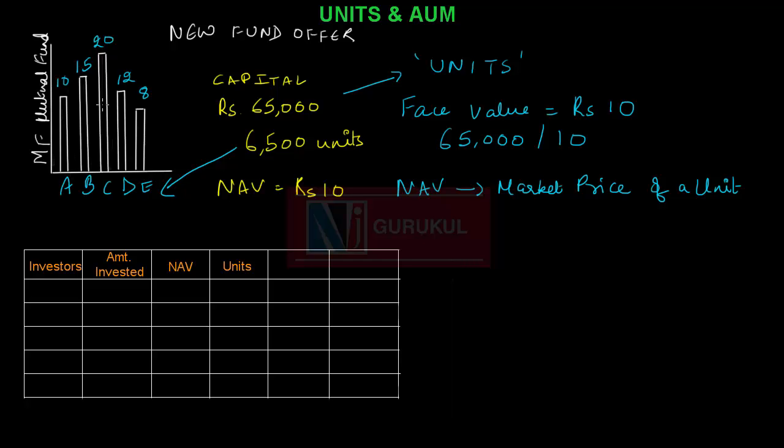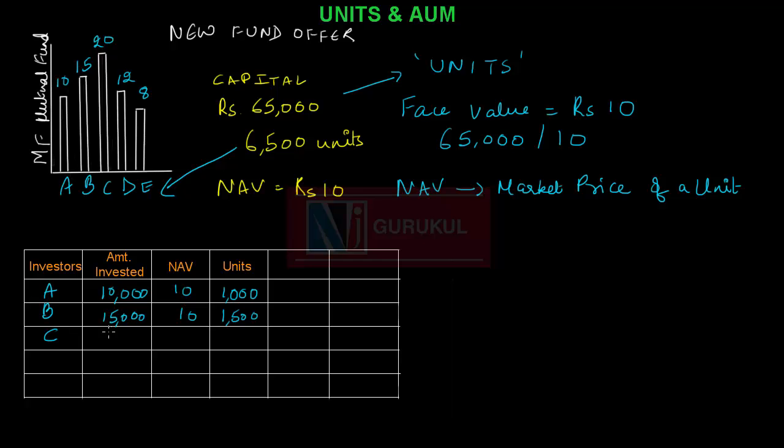Since these investors have contributed different amounts, they will be getting different numbers of units. Investor A has contributed rupees 10,000, the NAV is rupees 10, so he will be getting 10,000 divided by 10, 1,000 units. Similarly B, who has contributed rupees 15,000, the NAV is 10, so 15,000 divided by 10, 1,500 units.